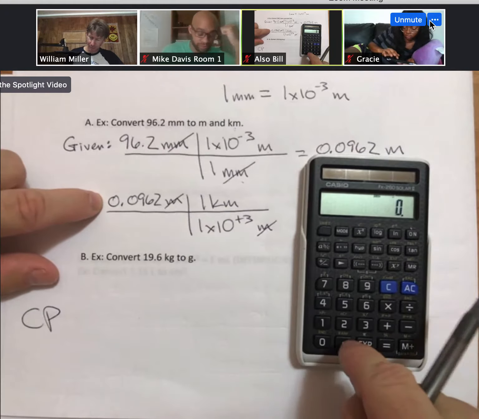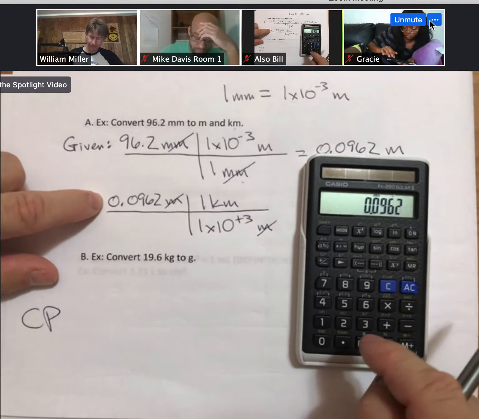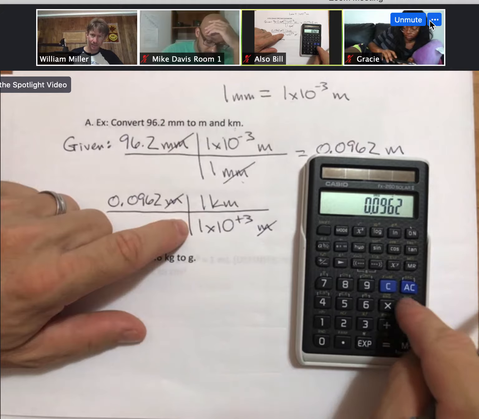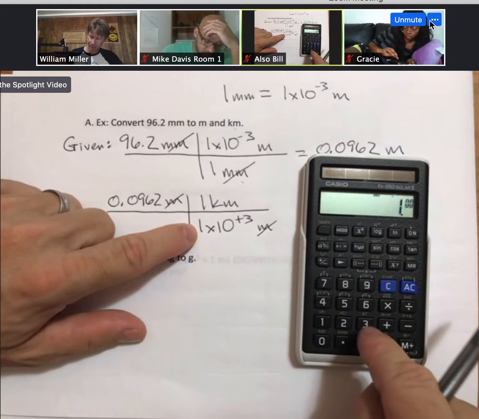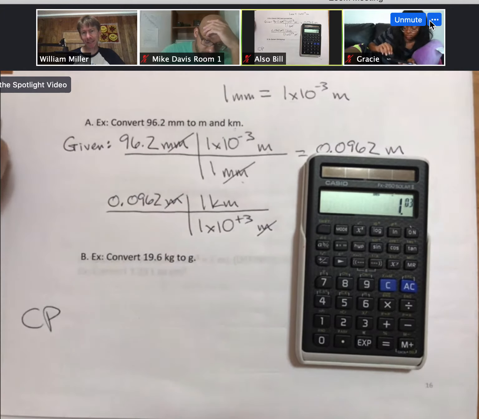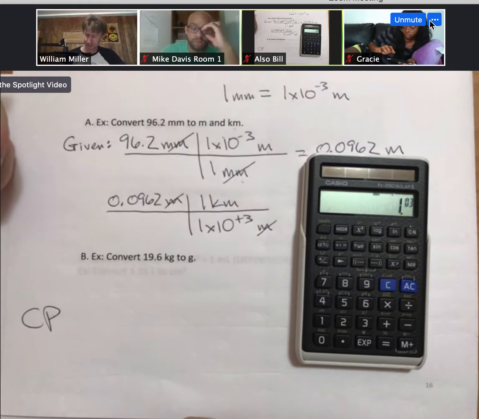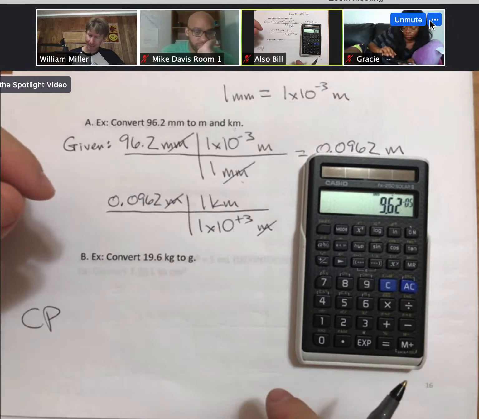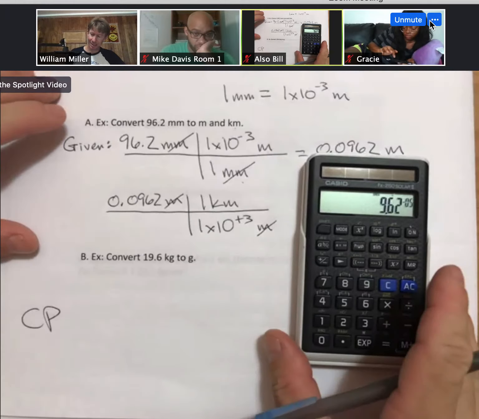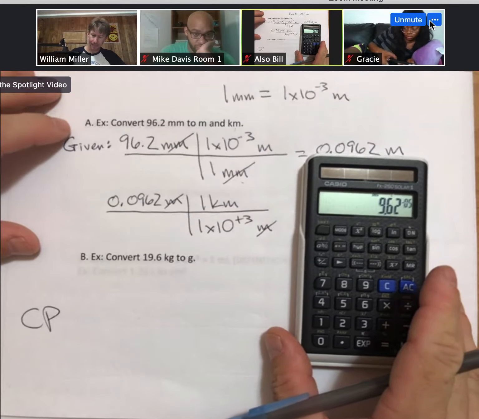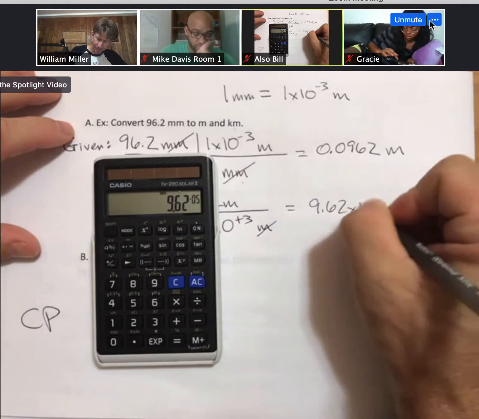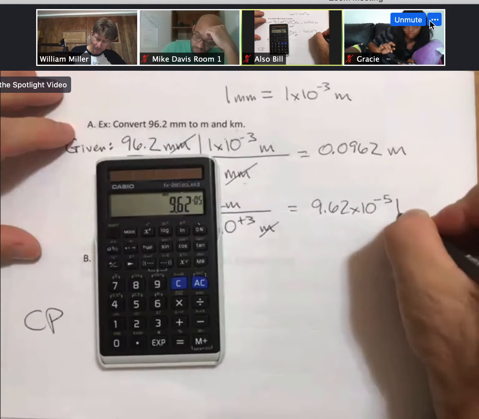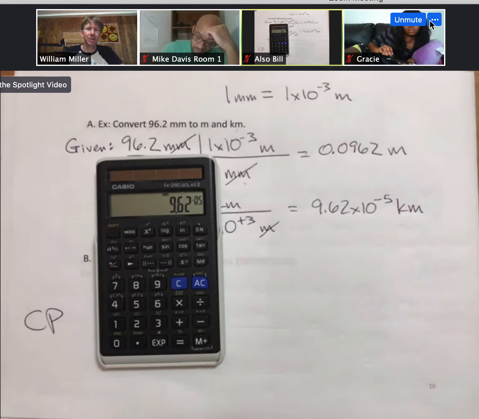So 0.0962 divided by 1 exponent 3. And of course, I don't hit the plus minus sign now because I just want it as 1 times 10 to the plus 3. And I hit my equal sign. And I get 9.62 times 10 to the minus 5th. And I get units of kilometers.